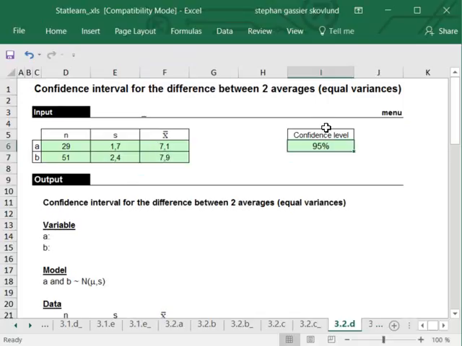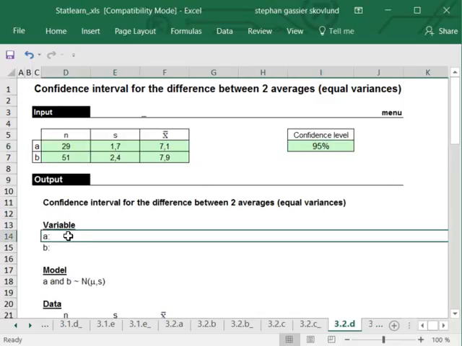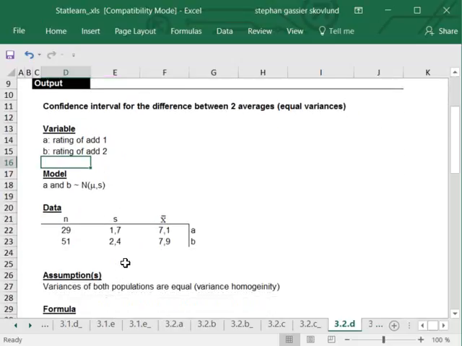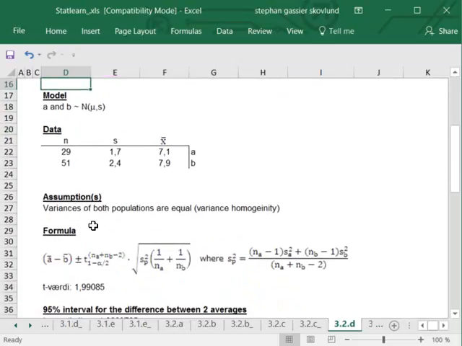The confidence level is just standard, we'll leave it here, unless it is explicitly stated that you should use a confidence level of 99%, just always go with the default 90 and 95, okay? And the ratings of ad 1 and ad 2 here. We have the data here, and the assumption is stated: we are having equal variances, variance homogeneity.